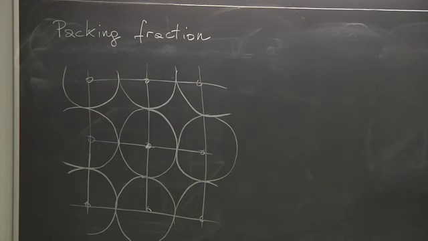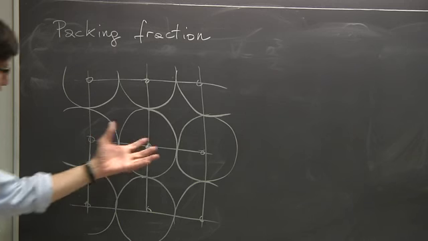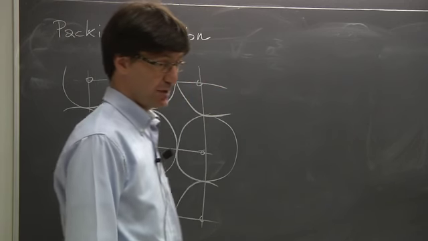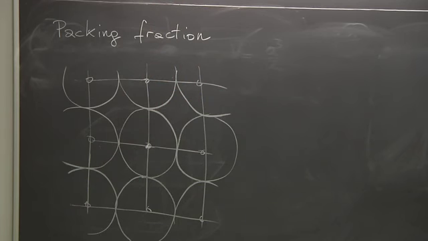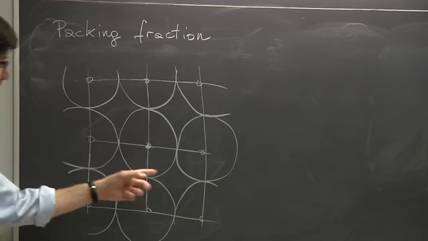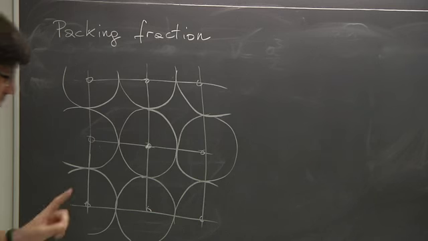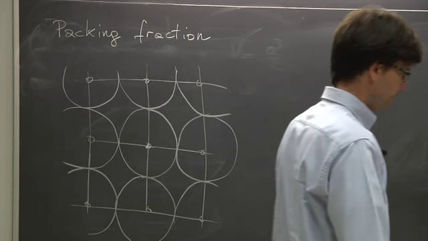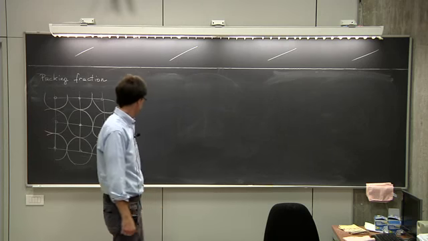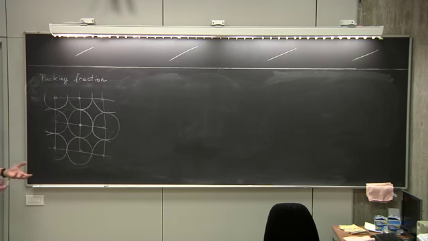I'm now constructing a set of circles, replacing points by circles, and I impose that these circles just touch without overlaps. They can only touch, but they don't have to overlap. So I decide the radius in such a way that there's no other way to make the radius bigger, otherwise I'd start having some overlaps.